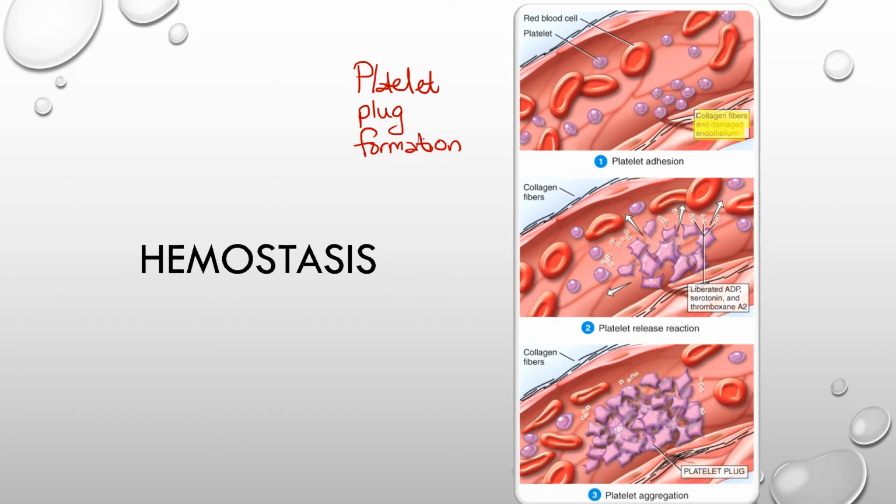So these little platelets here, just little purple things that you can see in the blood vessel, will actually contact these pieces of collagen fibers that are sticking out of the damaged blood vessel, and they will stick to them. So this step is called platelet adhesion. Now, due to this adhesion, the platelets actually become activated.